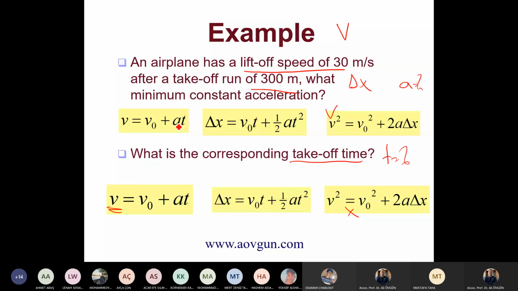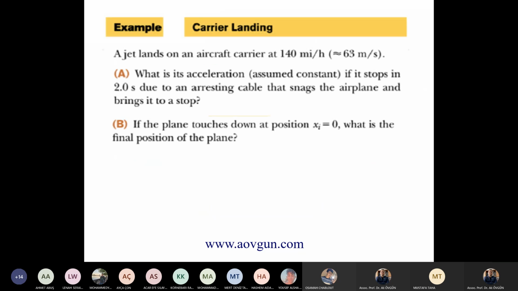But if you find the acceleration in part A, then you can find T by using the first equation because you know V and you know A. Or you can use delta x. V0 is 0, as I said. So knowing A, you can find T. You can use the first or second equation. And this equation is similar to the previous one. So let's solve it numerically.